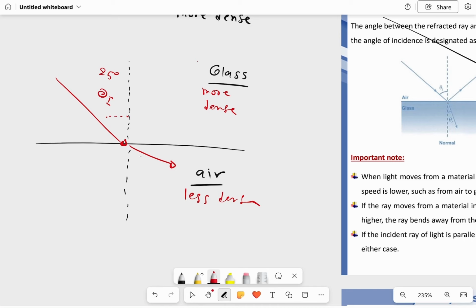So this is going to be, let's make that more clear, like this. So this theta R, just for the sake of explanation, is going to be 35, okay?